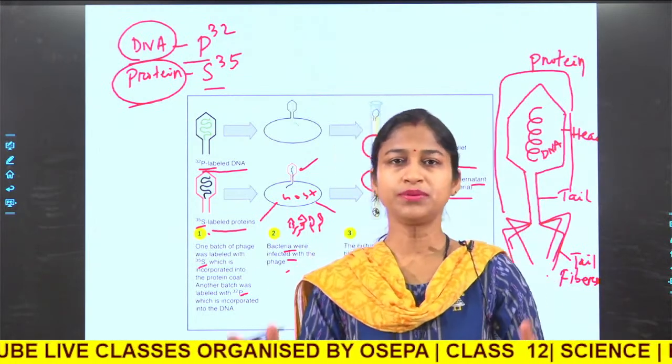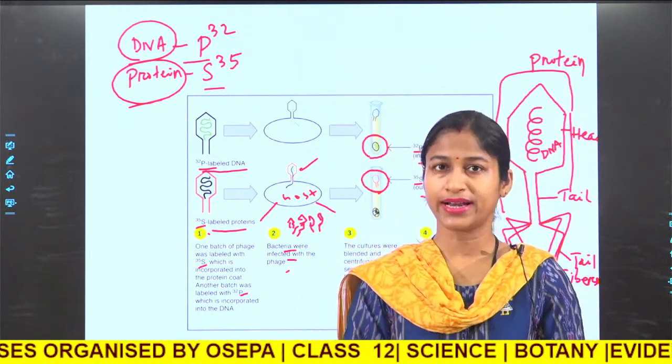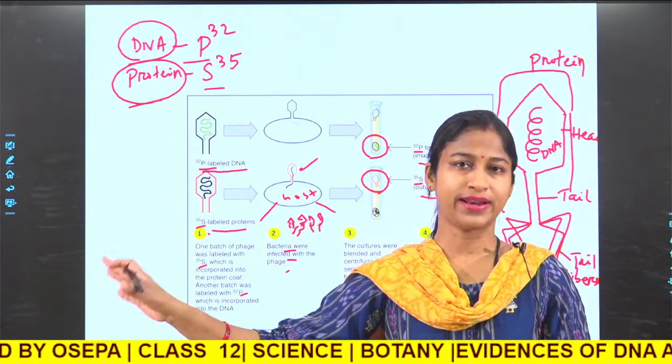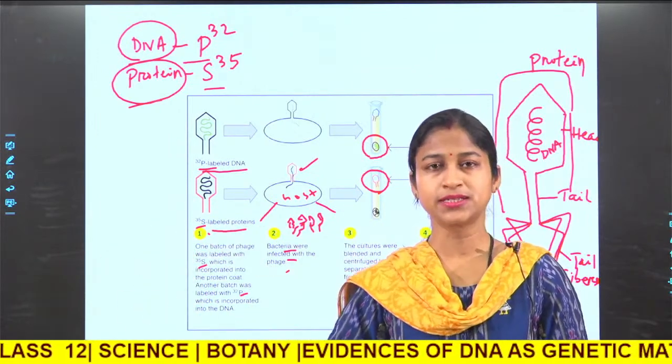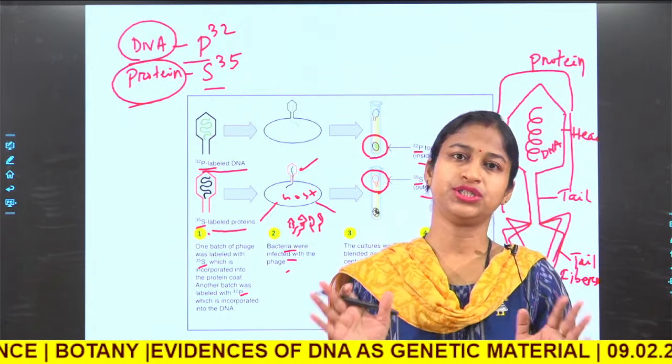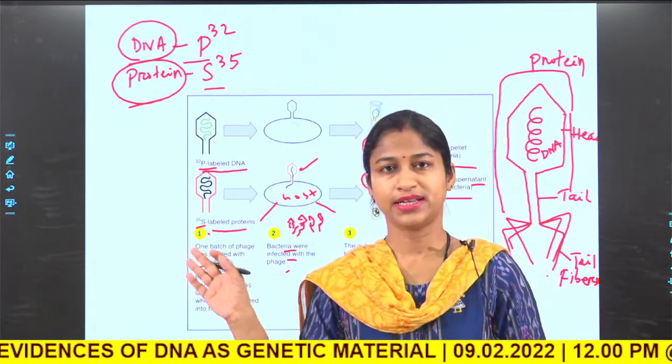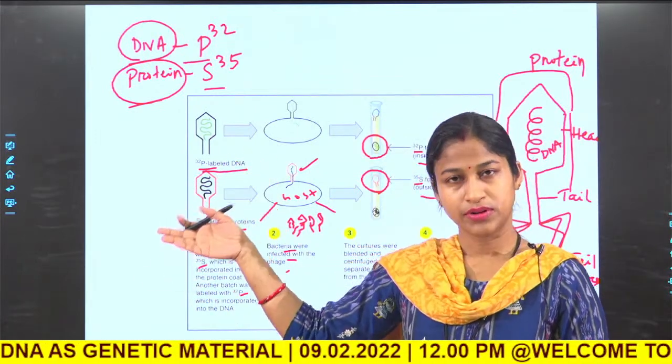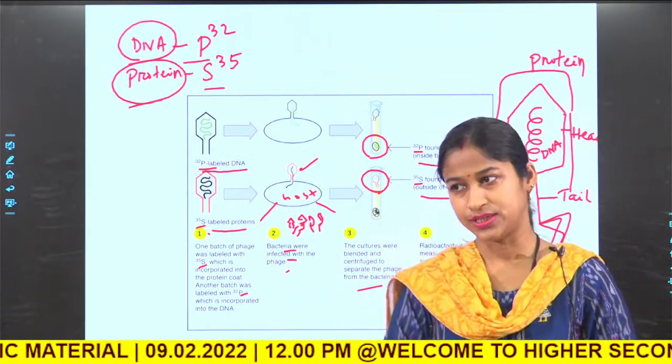However, most organisms, or all organisms except some viruses, have DNA as the genetic material. It has been proved by Griffith and Hershey-Chase.